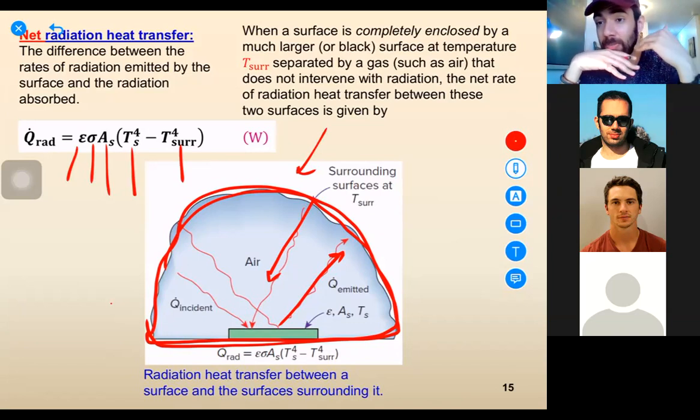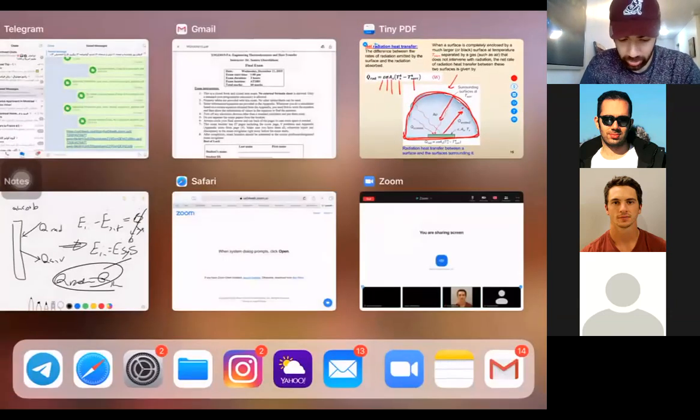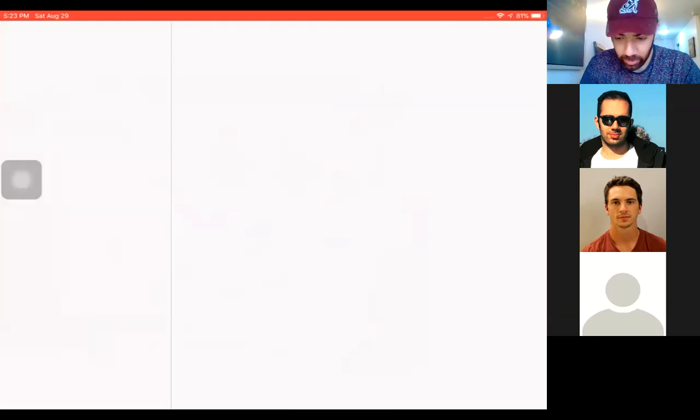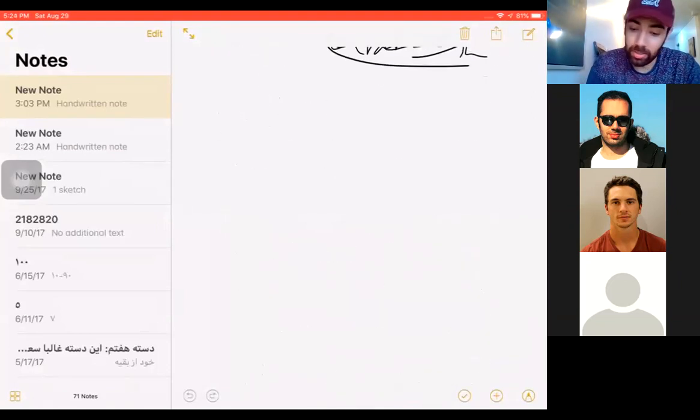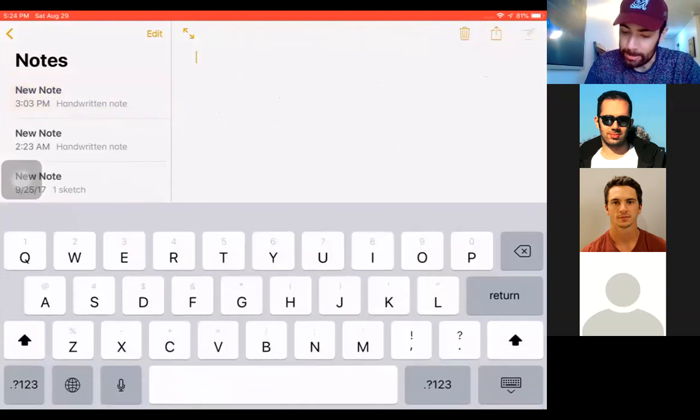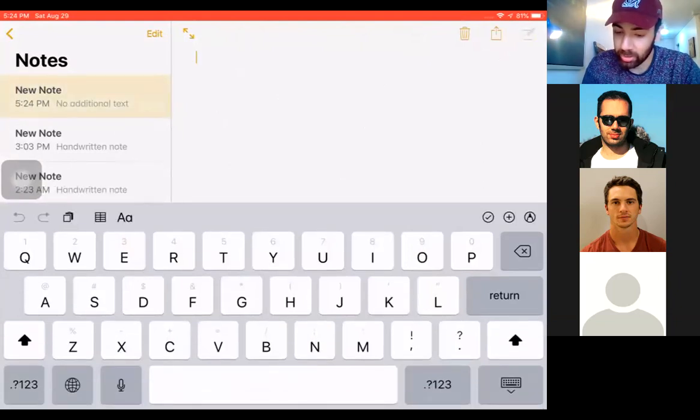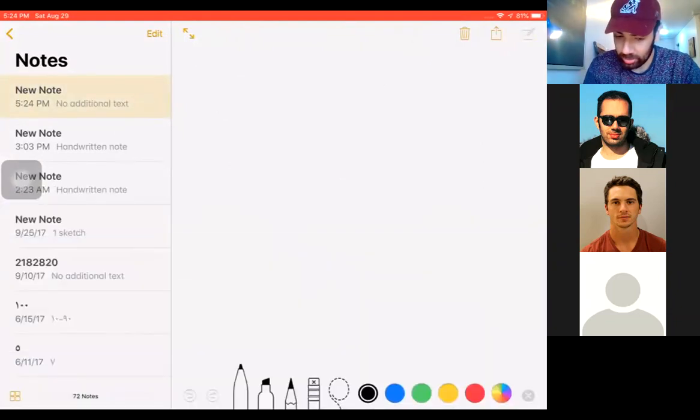It is really important, especially in convection. For example, let me draw it for you here. When you have a convection problem, it is really important to put the surrounding temperature that is far away from the surface you are solving your heat transfer problem for.